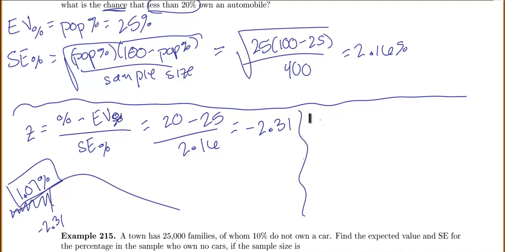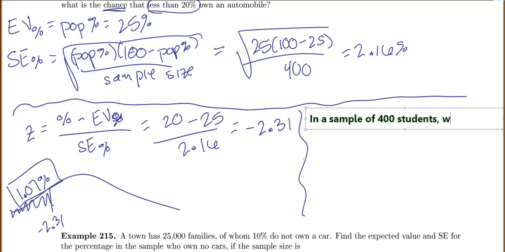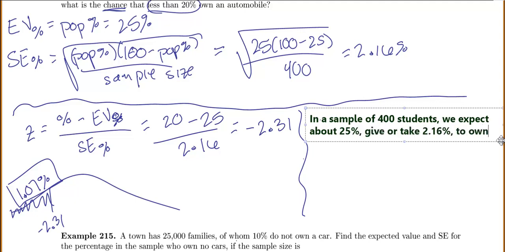So let's write our little interpretation of what all this means. So, in a sample of 400 students, we expect about 25%, give or take 2.16%, to own a car. And then I can go a little bit further. Let's say we're interested in the chance that less than 20% own a car. We figured out that it's 1.07.